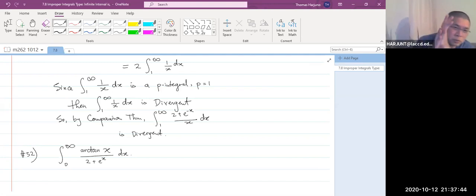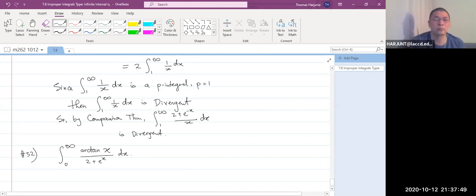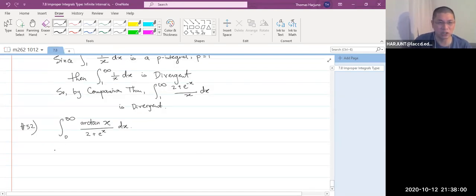How to do this problem? It's kind of interesting to see how we massage this.